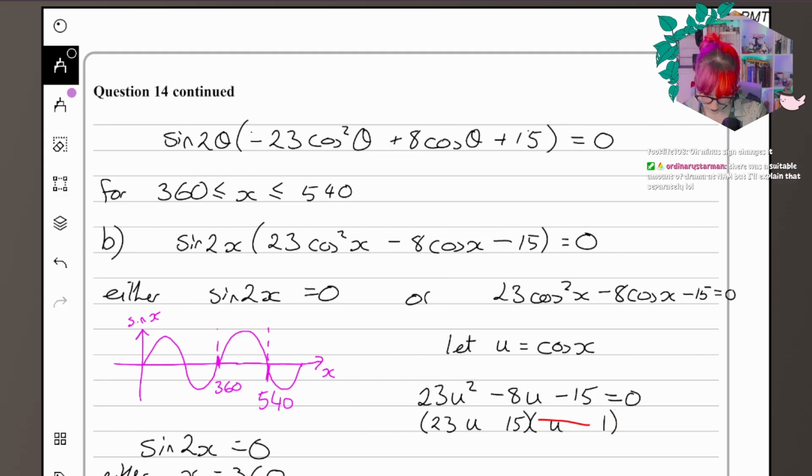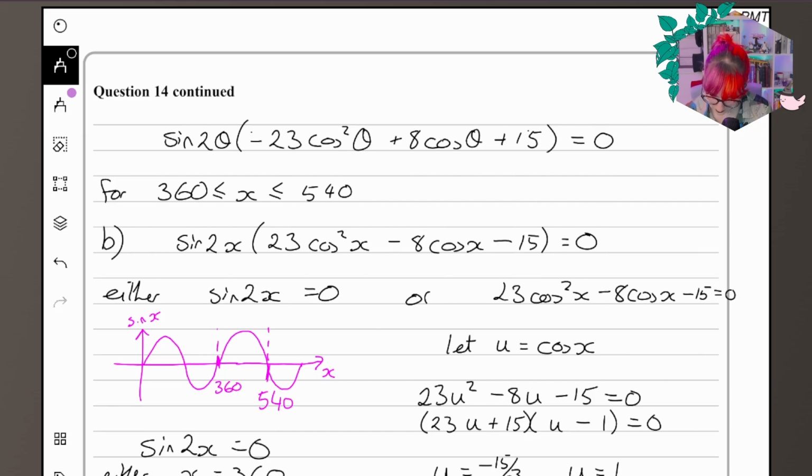That gives us 23u, 15u, minus 8. So we get minus there, plus there. So 23u squared, minus 23u, plus 15u gives you minus 8u, minus 15. Right, there we go. So u is either minus 15 over 23, or u is 1.